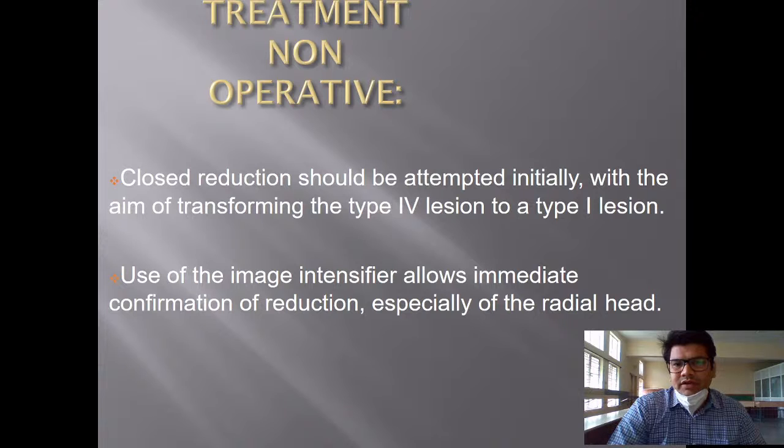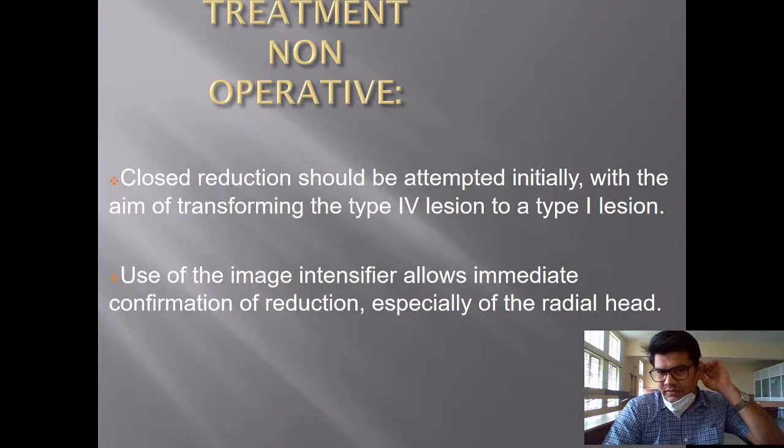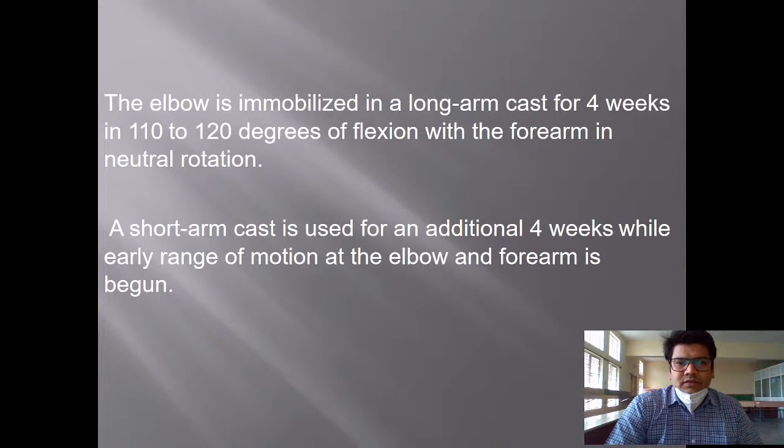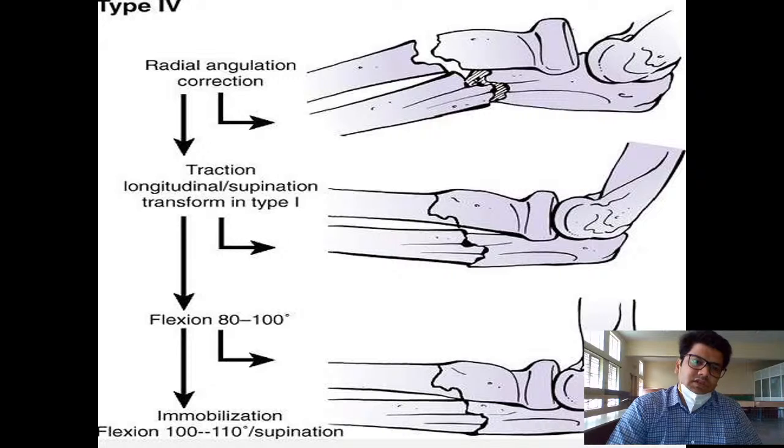Treatment: closed reduction can be attempted, but mostly it's an open reduction and internal fixation. Radial angulation, flexion 80 to 100 degrees, then immobilization in 100 to 110 degrees and supination.